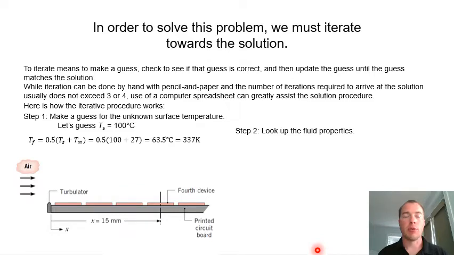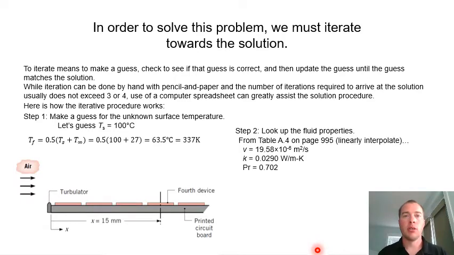Now that we have a film temperature at which to look up fluid properties, we can do so. The properties for atmospheric air are listed in Table 8.4 on page 995 of your textbook. Because this temperature, 337 Kelvin, is not one of the rows directly in the table, we must linearly interpolate in order to arrive at the property values at this temperature.